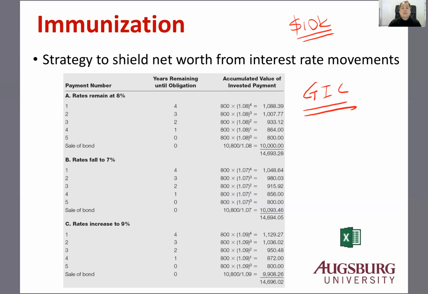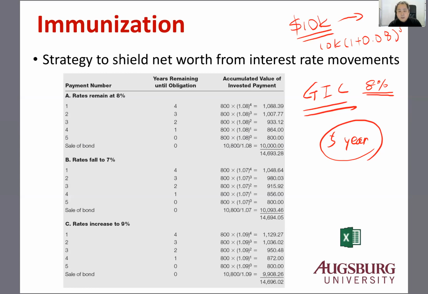If the GIC has a 5-year maturity, and because it's a guaranteed investment contract, it guarantees a certain interest. So if it guarantees 8%, this $10,000 should become 10,000 times 1 plus 0.08 to the fifth, right? Which is $14,693.28.